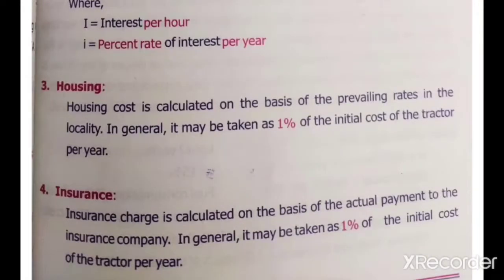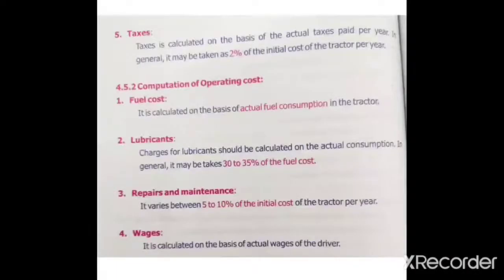Insurance charge is calculated on the basis of actual payment to the insurance company, and in general it may be taken as 1% of the initial cost of the tractor per year. Now the next cost under fixed cost is taxes. Taxes are calculated on the basis of the actual taxes paid per year, and in general it may be taken as 2% of the initial cost of the tractor per year.